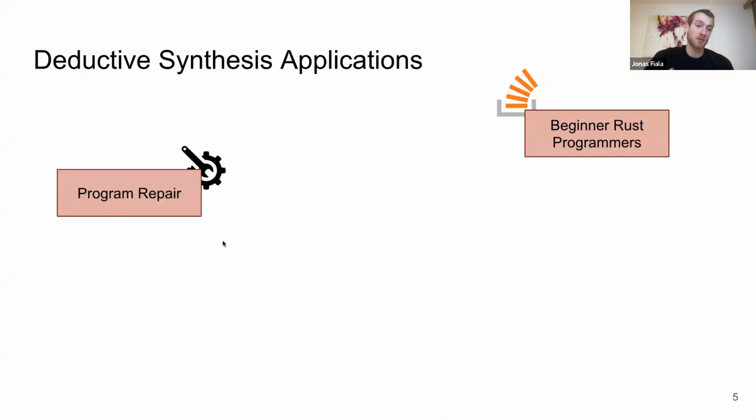This is for everyone: right now, if the program isn't correct, the Rust compiler returns some error. You could use a synthesis tool to even suggest a solution. The Rust compiler already does this for very simple examples where you don't do the reborrowing correctly, but for more complicated examples, you could use a synthesis tool to come up with the full implementation.